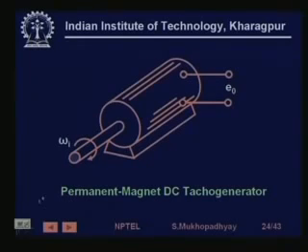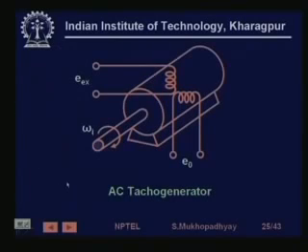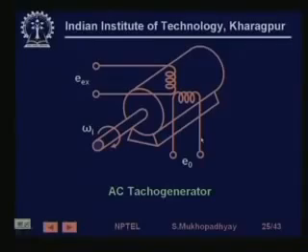You can also, rather than using DC tacho generators, which in DC machines sometimes have some problems, have an AC tacho generator, where you supply an excitation, and if you rotate the armature, you get some AC voltage out of it. So it's basically an AC generator, right?